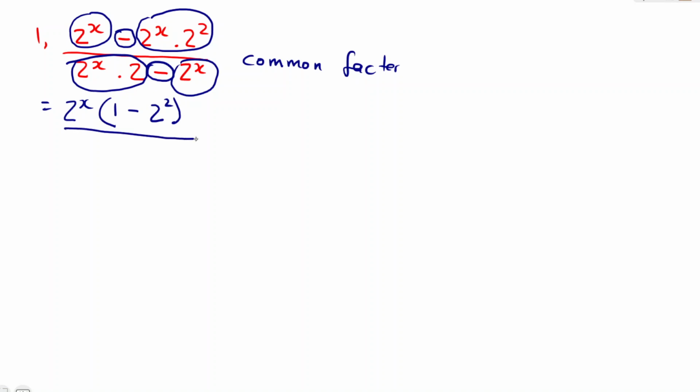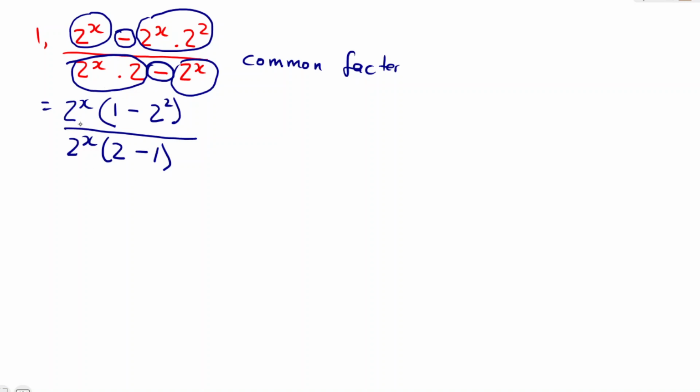Now you look at the denominator. If you take out the 2 to the power of x, this is another common factor. You'll be left now with this 2 only minus, and if you take out this 2 to the power of x, you'll be left with the 1 there, because you take out this common factor, which is 2 to the power of x.